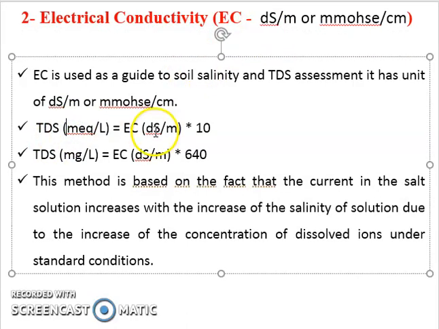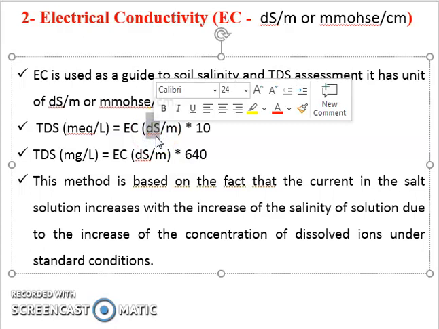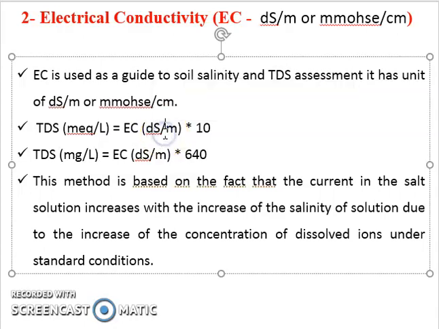You measure EC using an EC meter, an apparatus with two electrodes connected to a source of electricity, so you can measure the electrical conductivity easily and convert it to TDS by multiplying by 10.